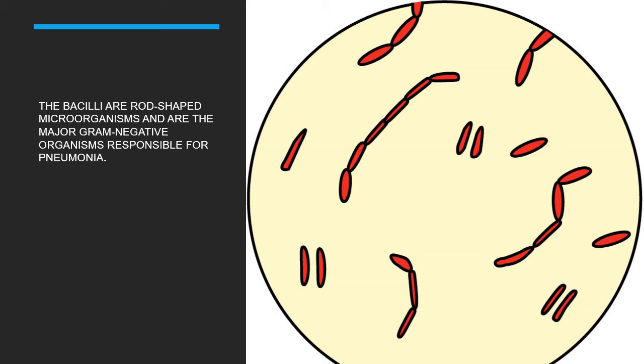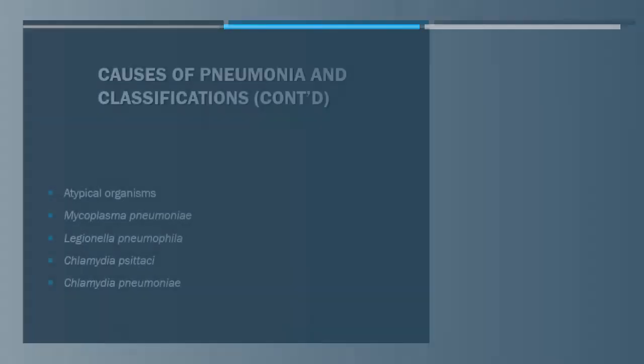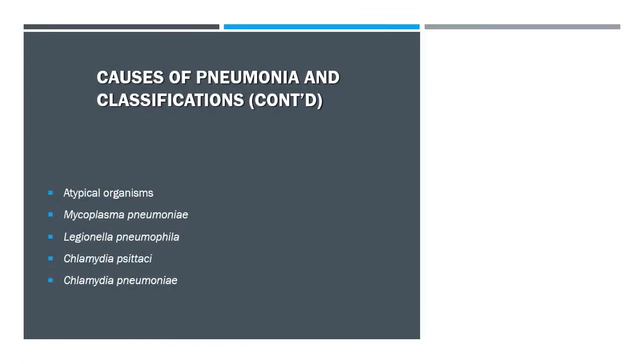Please look for a full list at box 18.2 on page 282 of your book. Let's talk about a few of the atypical pneumonias.